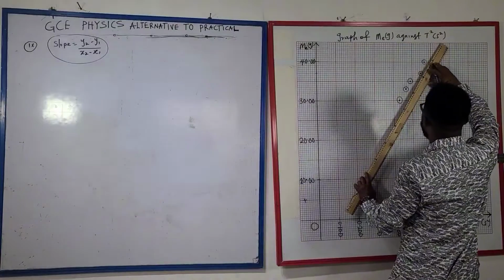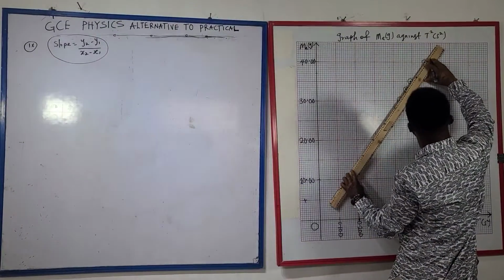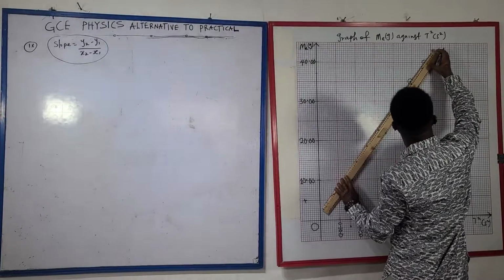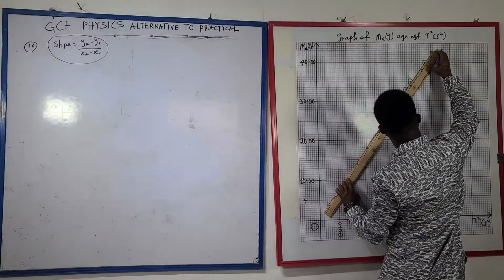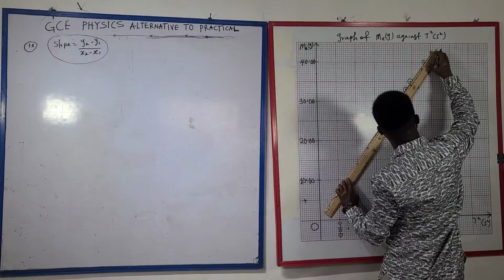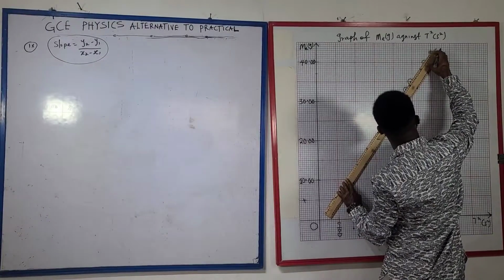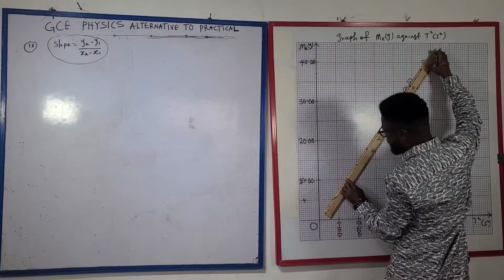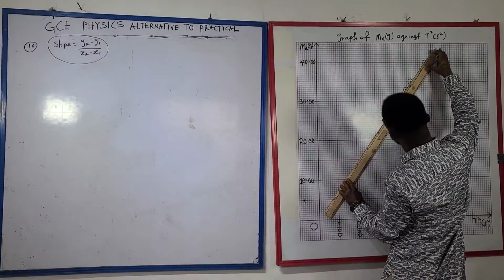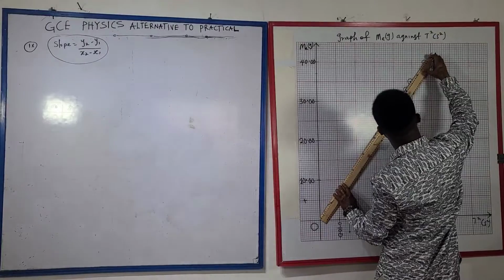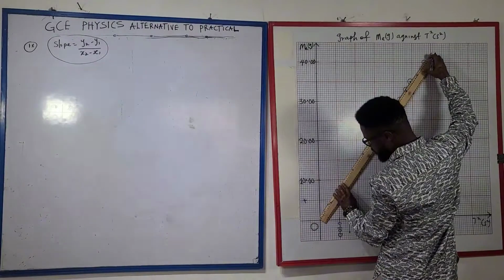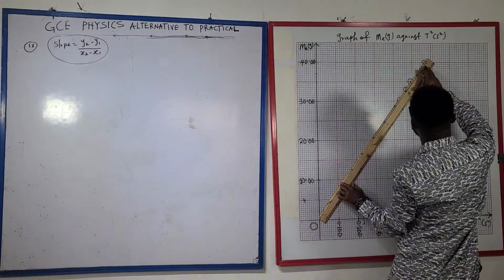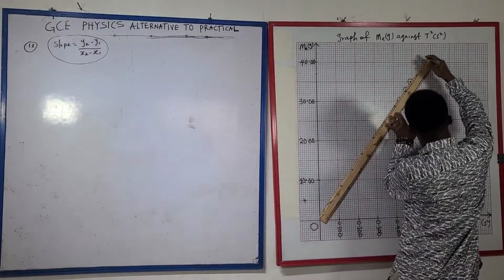I will try as much as I can to pick up as many points as I can. Out of the 5 points, it will be good if I can pick out at least 4 points, and of course get a figure on my slope and also get a figure for the intercept on the vertical axis.